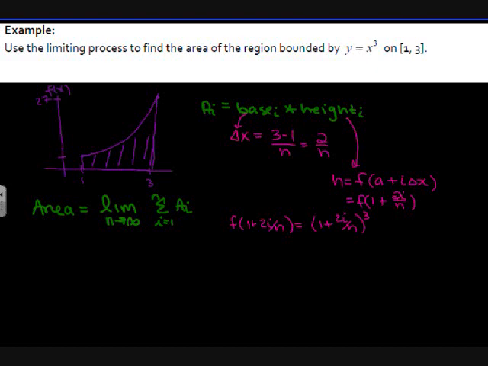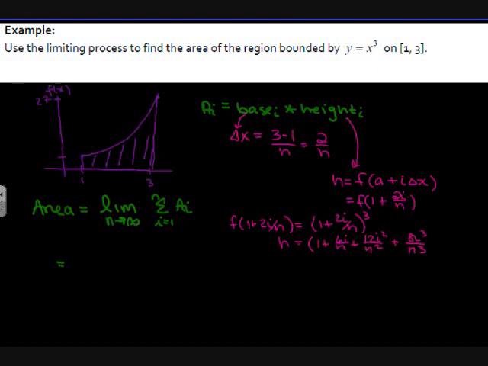So now we're going to use Pascal's triangle to help us expand this expression out. And when we expand that out, we end up with 1 plus 6i over n plus 12i squared over n squared plus 8i cubed over n cubed. And that's going to be the height of each of our rectangles. Okay, so now we can plug that into our area formula.